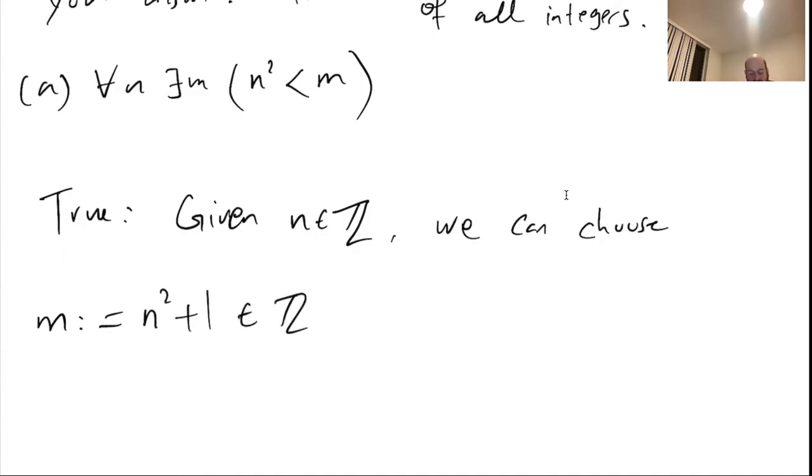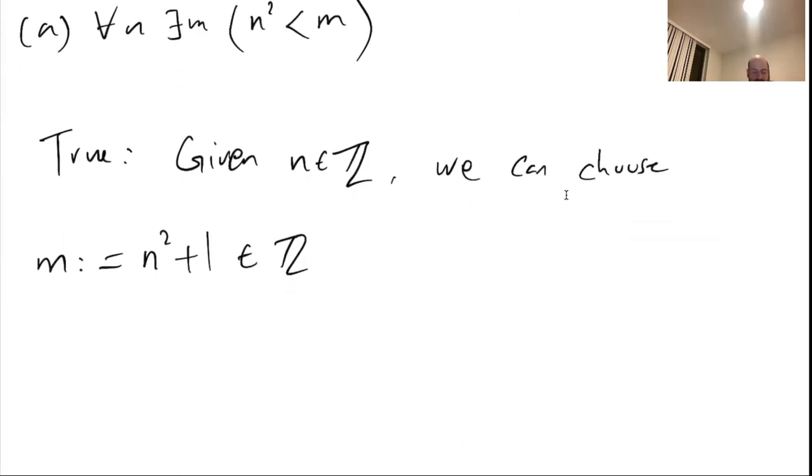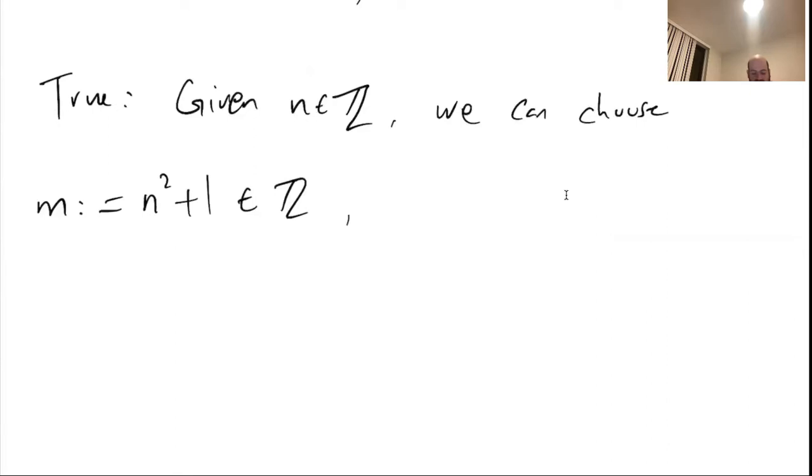If n belongs to Z, n squared plus 1 for sure also belongs to Z. Then we will have m, which is n squared plus 1, bigger than n squared.